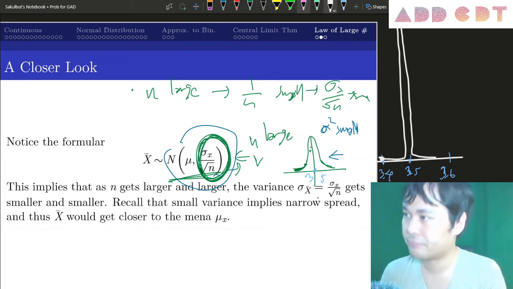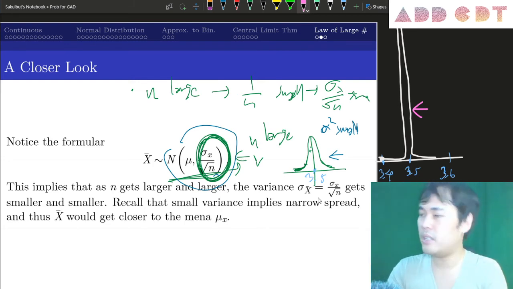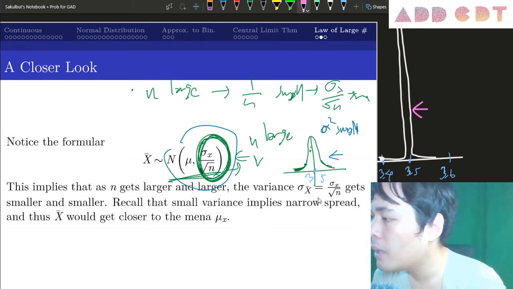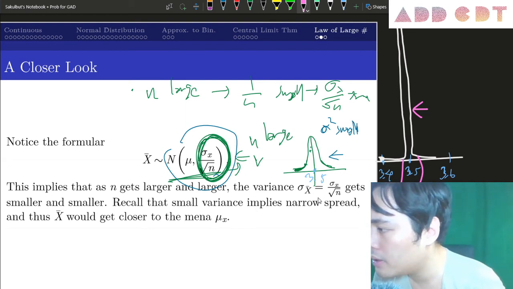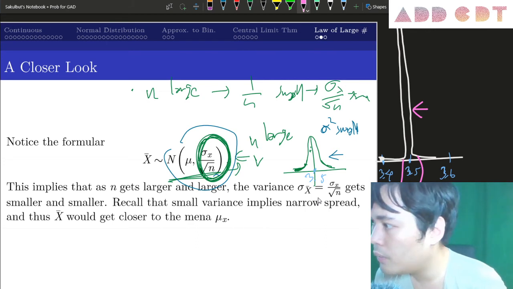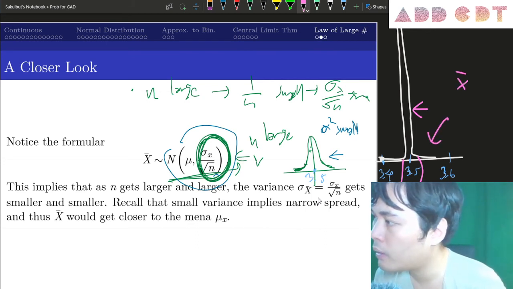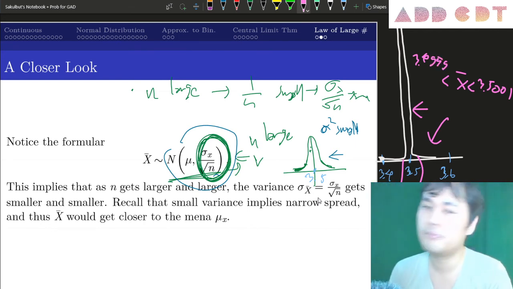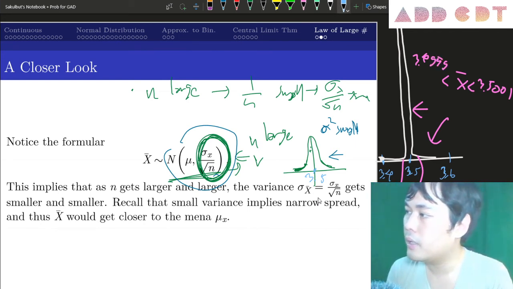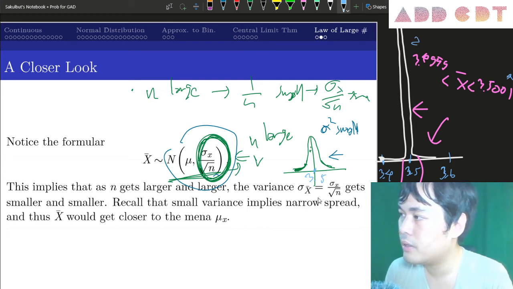So that means almost always you're going to get a value that is very close to 3.5. If n is large enough, you can even guarantee that the mean is going to be between 3.5001 and 3.5999, right? With an asterisk, that it holds almost always.